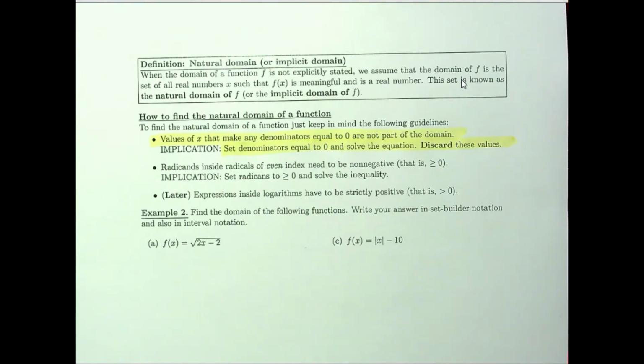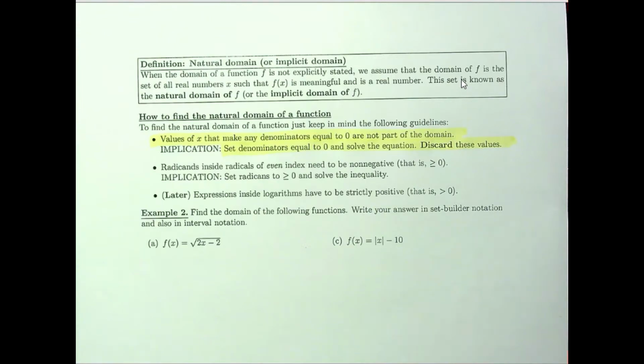Then the second bullet point says if there are radicals of even index, remember, even index: square root, 4th root, 6th root, 8th root, 10th root, etc. If there are radicals of even index, then what is inside the radical, the so-called radicand, needs to be bigger than or equal to 0.